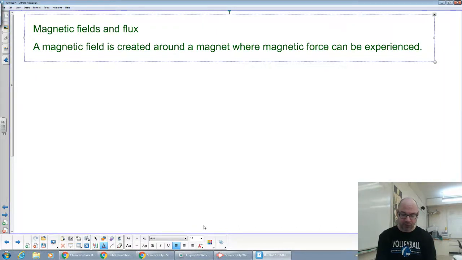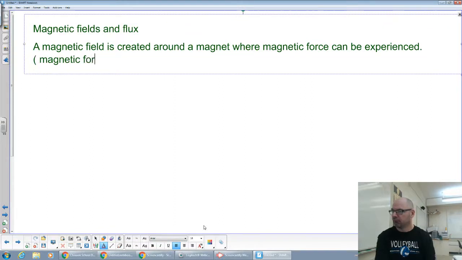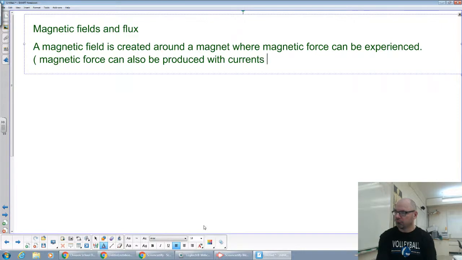Another thing is, keep in mind that magnetic force can also be produced around currents. Electricity. Okay, so if you have flowing electricity, you have a magnetic field as well. But we'll just do the basics of magnetic field.